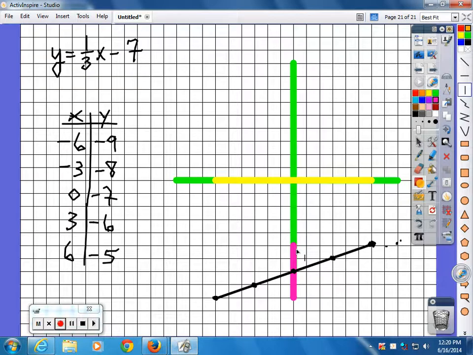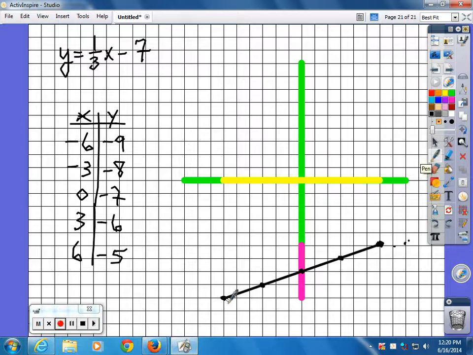So now what if I did this? What if I took and did that? What's my domain? All real numbers. What's my range? All real numbers. What if I put an open circle there, and an open circle there?